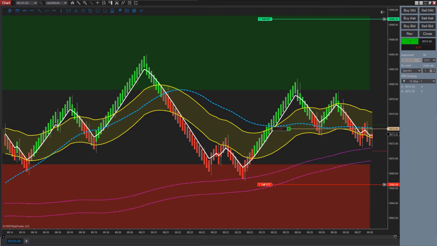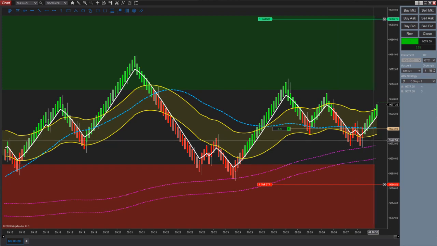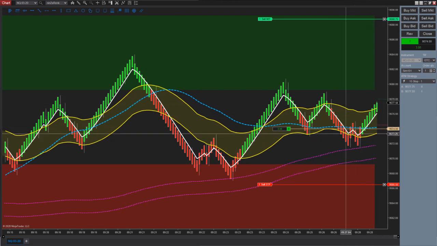So let's see what they're going to do. Are we going to get lucky here or not? Good so far. We have green. We're still staying in a zone. Oh, that's a nice move. We're still staying in a zone.